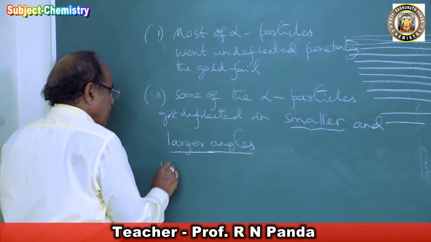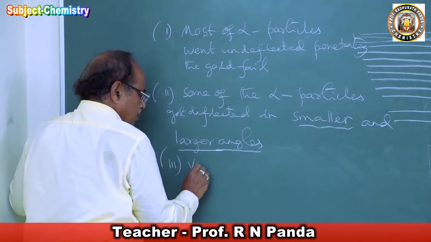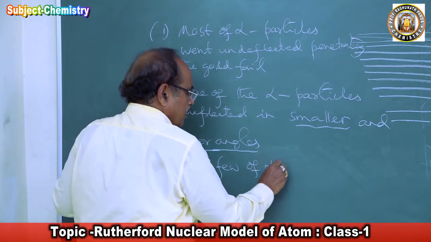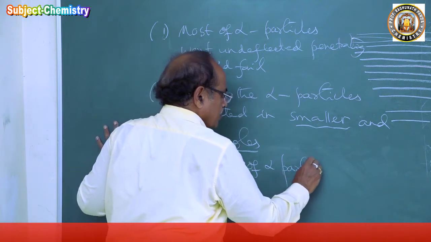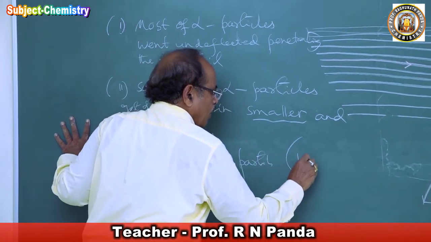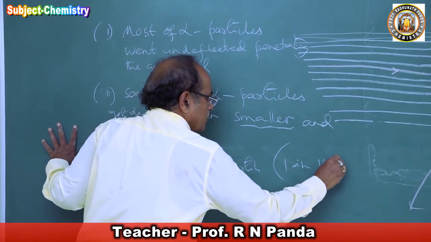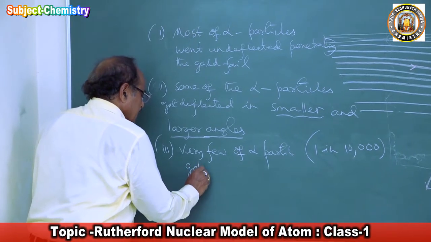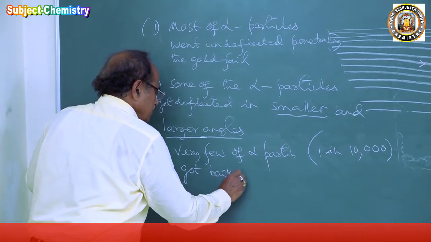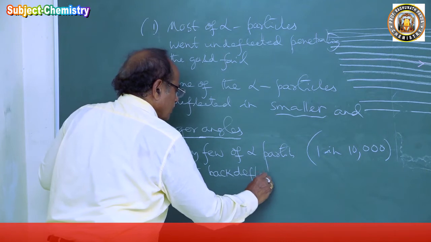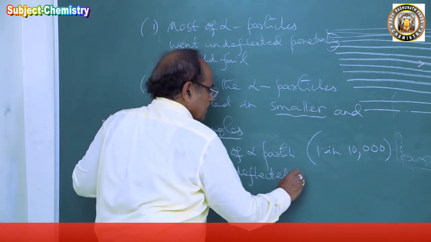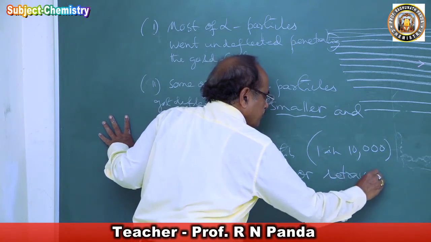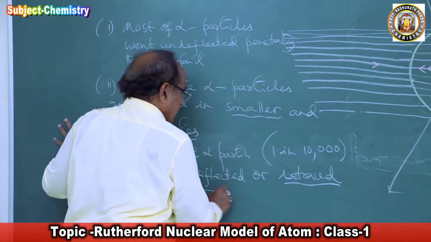And the third observation he made is that very few alpha particles, about 1 in 10,000, got back deflected or retraced their path.